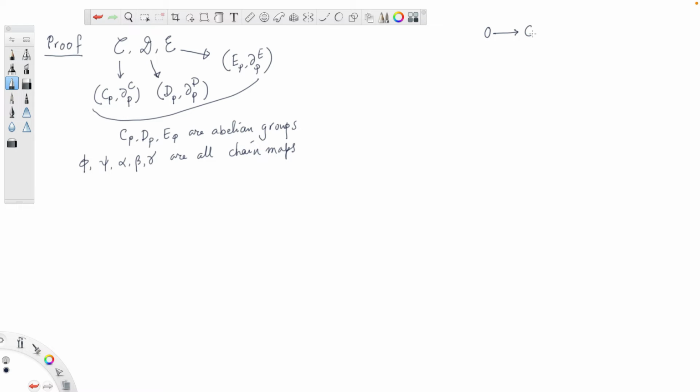0 to CP. 0 is the trivial group containing the identity element 0 only, and CP is an abelian group. The map that takes CP to DP is the group homomorphism phi p, and from DP to EP there is a map psi p, which is a member of the chain map psi.